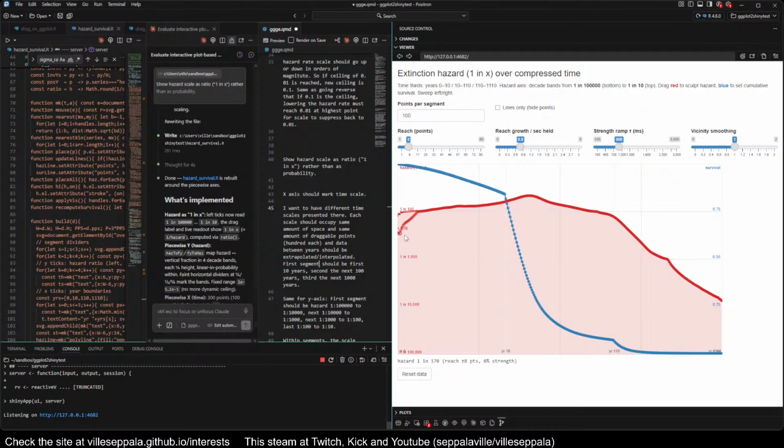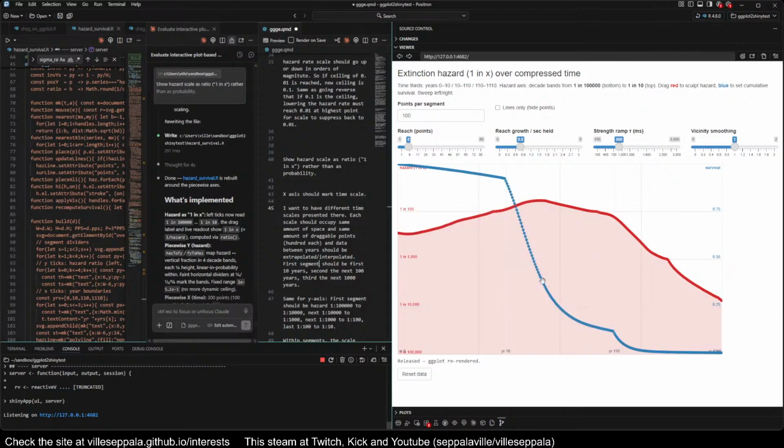Also, I wonder if there was a nice way to... Of course, I can. Let's see how this behaves if I'm going to change the survival rates.